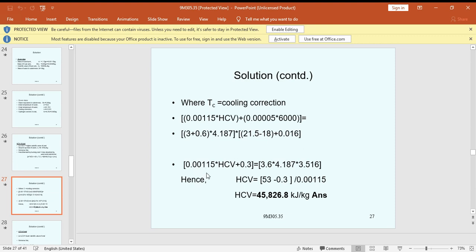Hence HCV equals 45,826.8 kilojoule per kg.